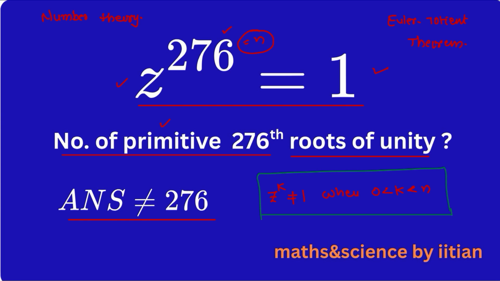Let us do it one by one. Let us understand. Let us say z to the power of 276 is equal to 1. That implies 276th roots of unity.